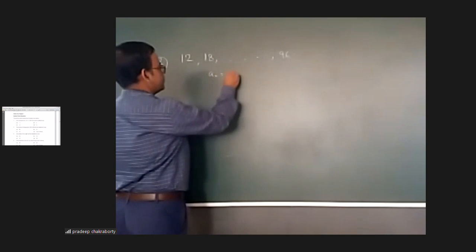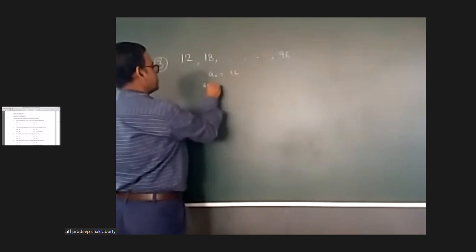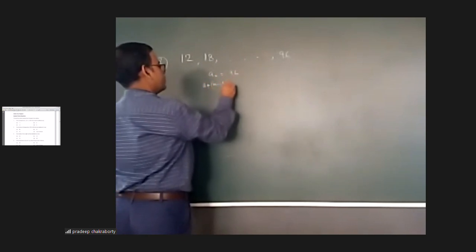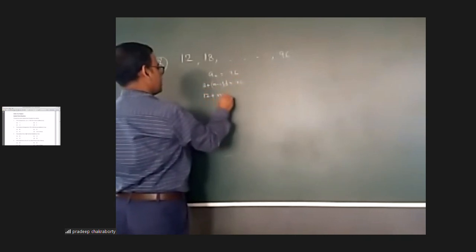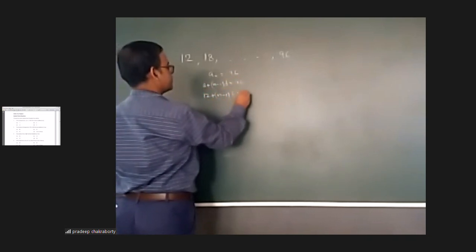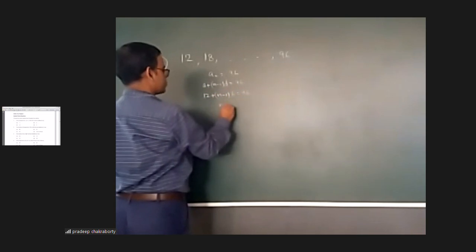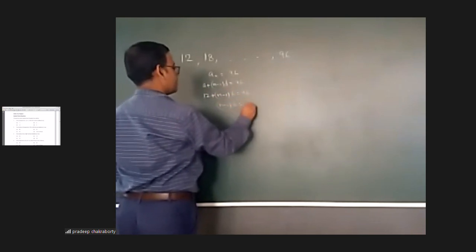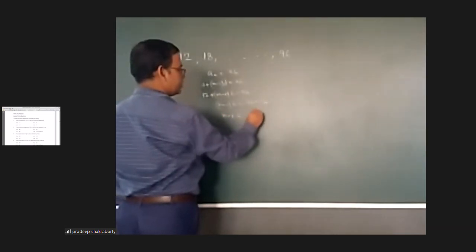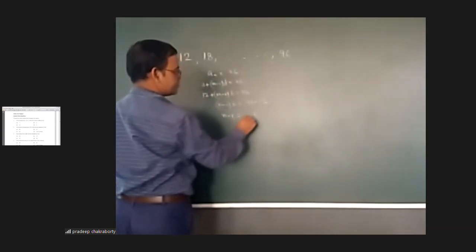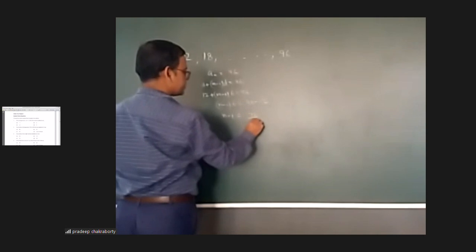So same way, this is the nth term. So it will be a plus n minus 1 b. 96. A is 12. B is 6. So 96 minus 12, n minus 1 will be 6 times.